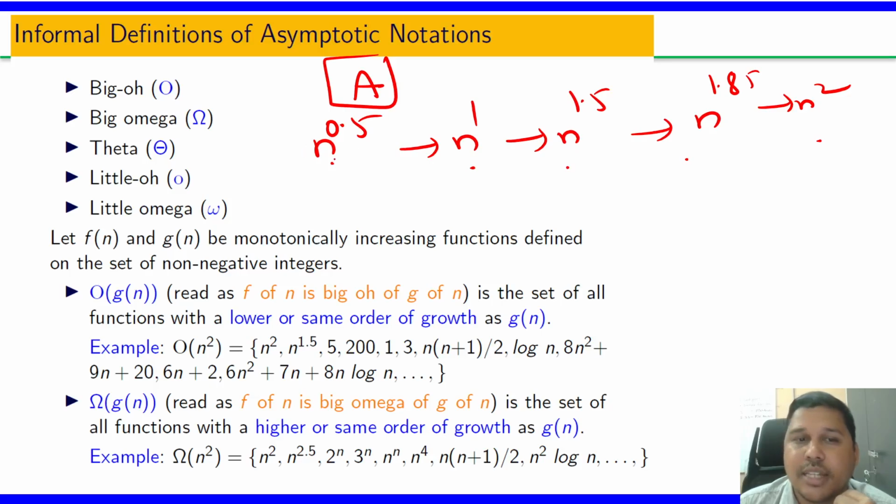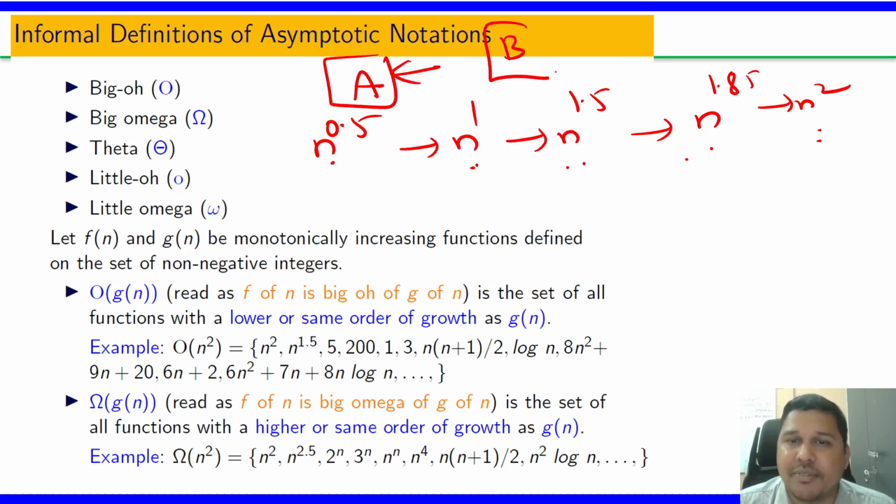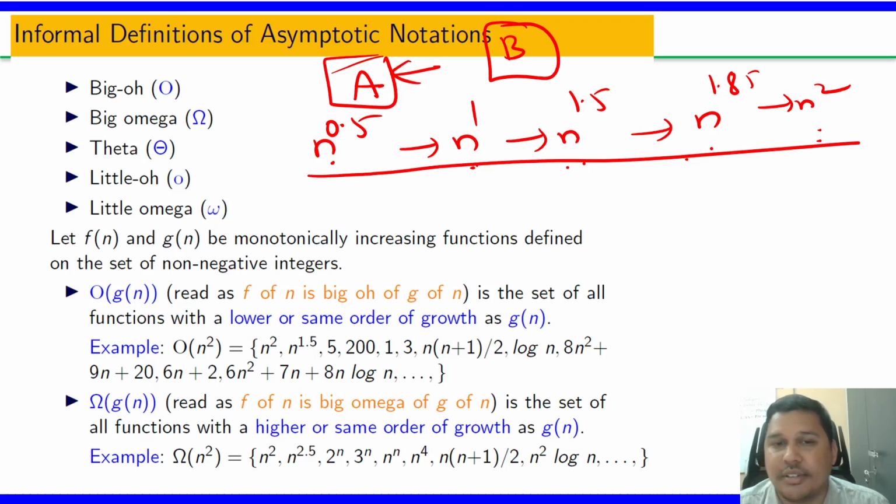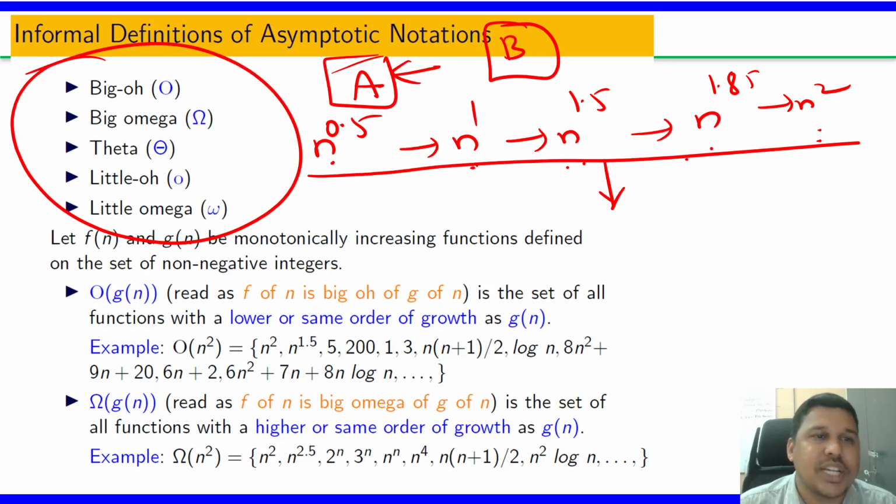Now, I want to compare algorithm A with another algorithm B. I have to generalize this into one form. For generalization, you can use any one of these notations.